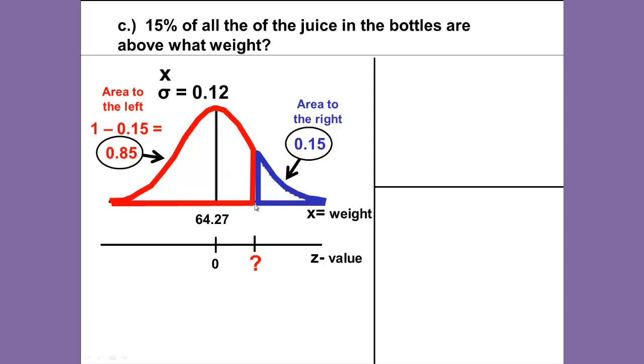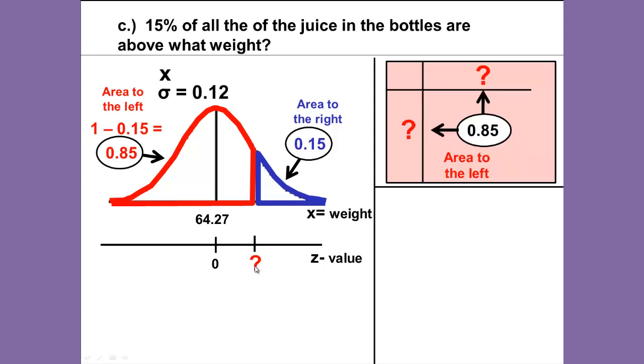We are looking for, in this case, not a probability, but the weight. Since we're looking for the weight, we're given the probability, we still want to find the z-score first. But in this case, we will look in the center of the table for the value closest to 0.85.